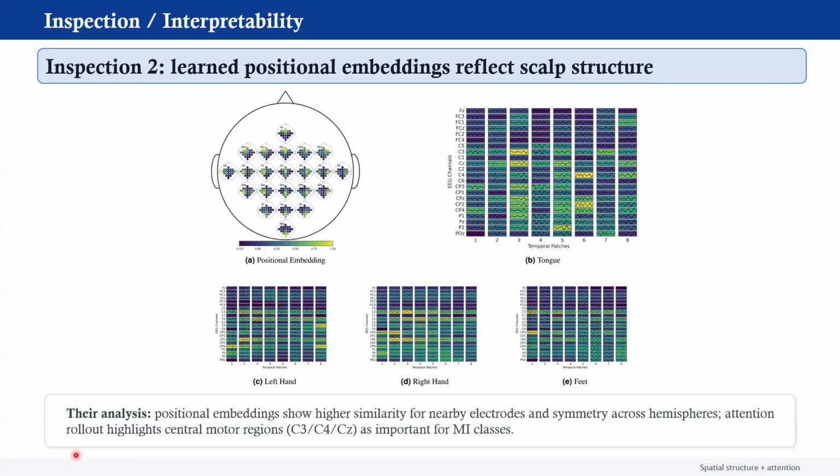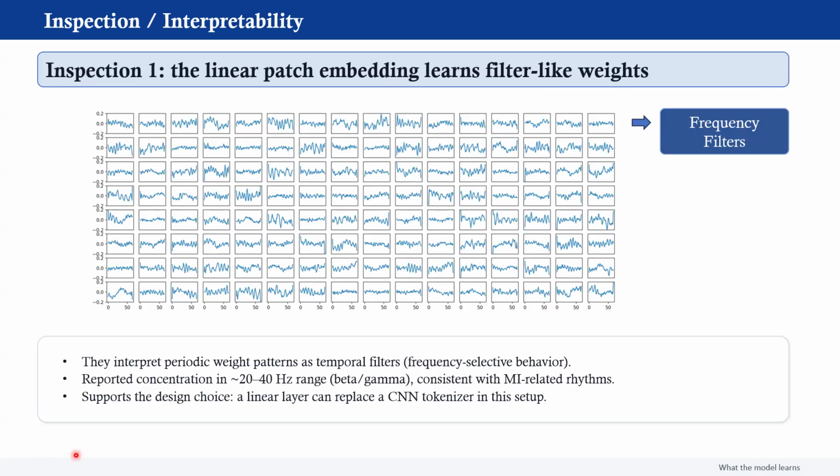Question. Can you go back? Yeah, I didn't get how did they make these plots? How do you interpret a linear layer as a filter? Yeah, that's the thing.